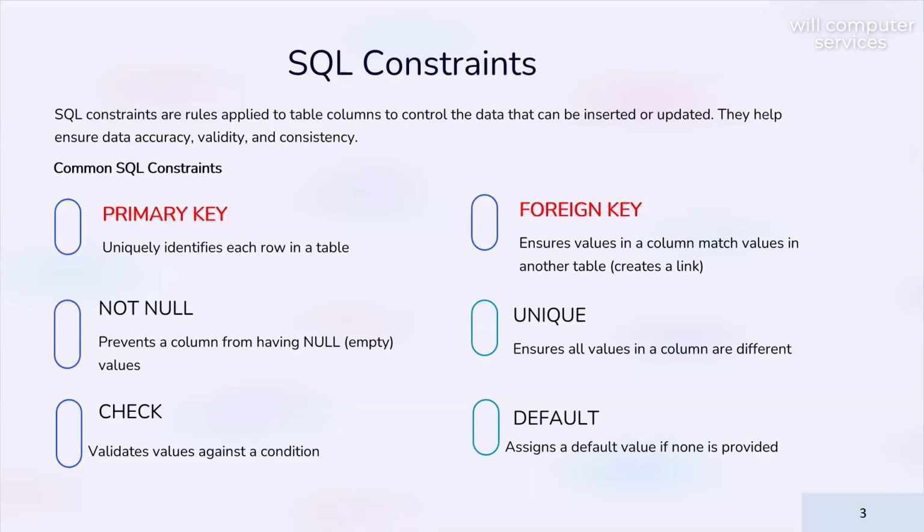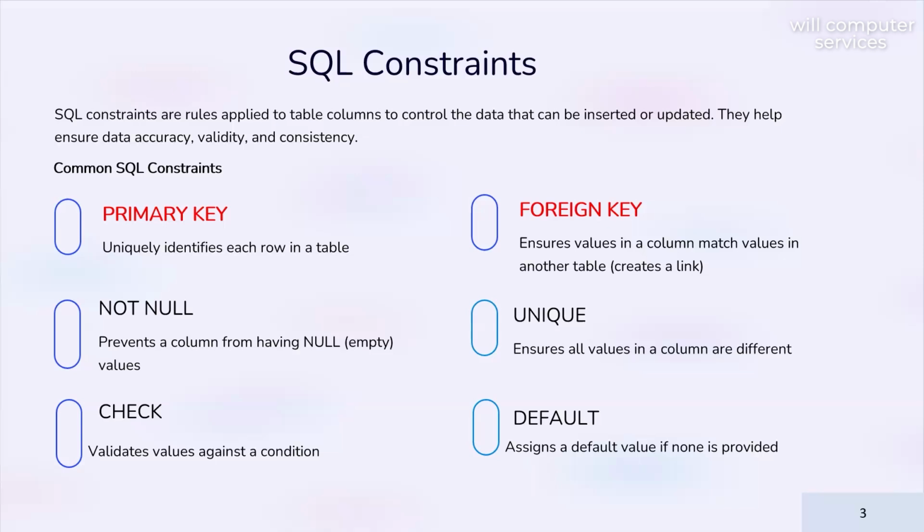It means that when you create a table, you have the columns, right? So you can add the primary key constraint to a column so that each row in the table is uniquely identified by the primary key.